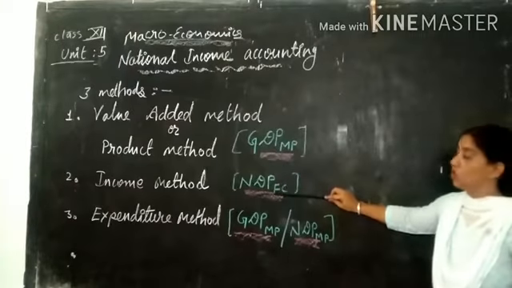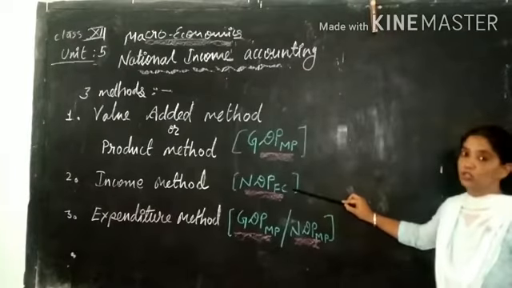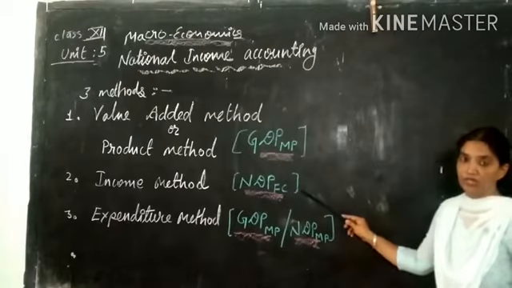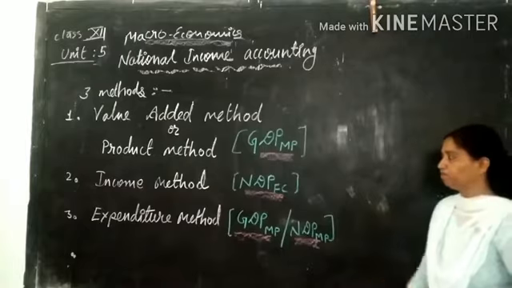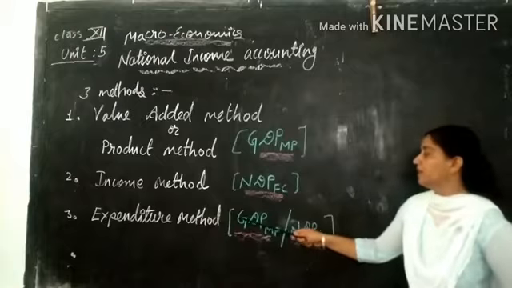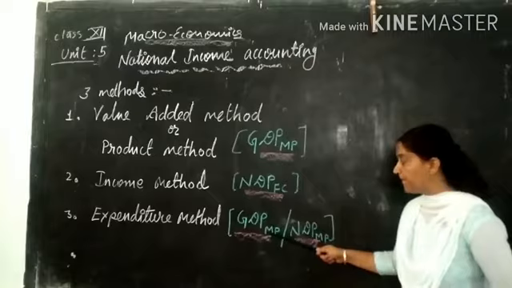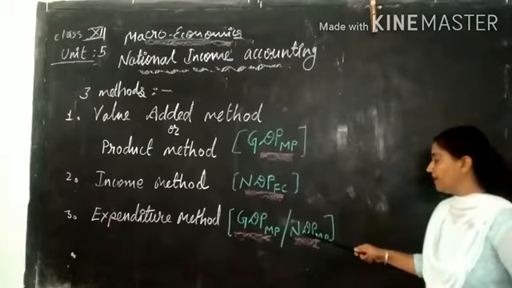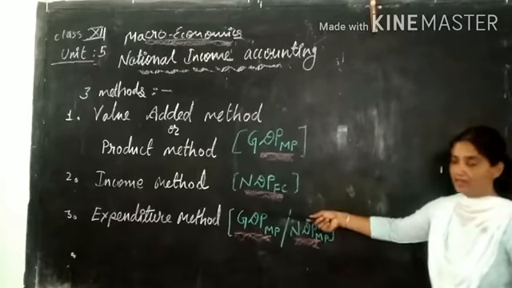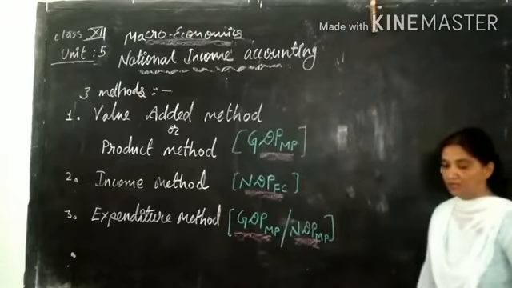NDP FC means net domestic product at factor cost, and it is also known as domestic income. The third method, expenditure method, gives the national income in the term of GDP MP or NDP MP. We will discuss these two methods later. In this video, we will discuss value added method or product method.